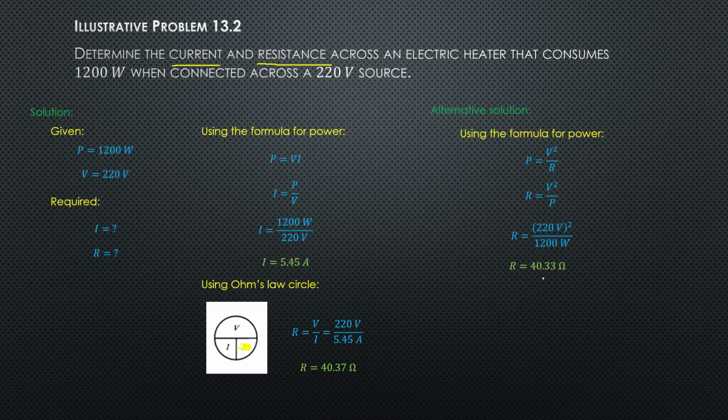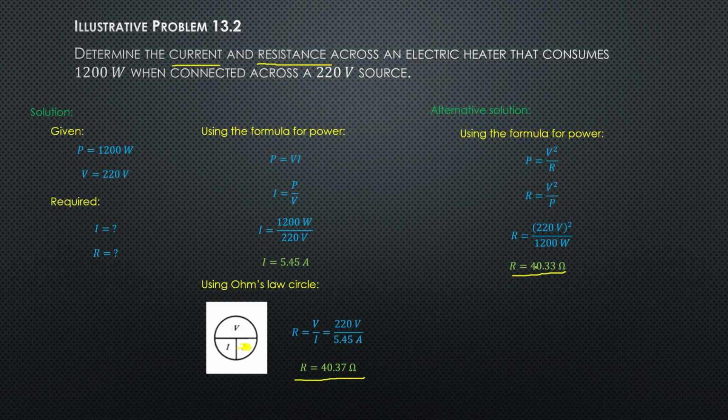A slight difference from the previous value. Why? Because 5.45 isn't the exact value; it has 45, 45, and so on. So if I put 5.45454545 here, that will give me 40.33, approximately similar to this value.